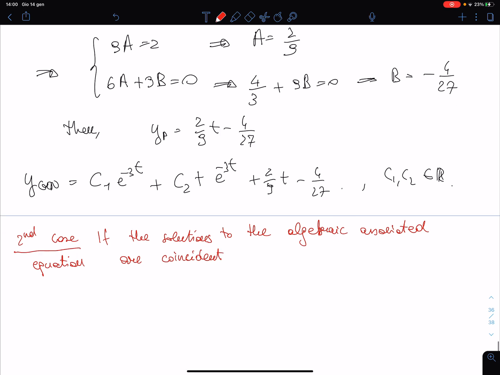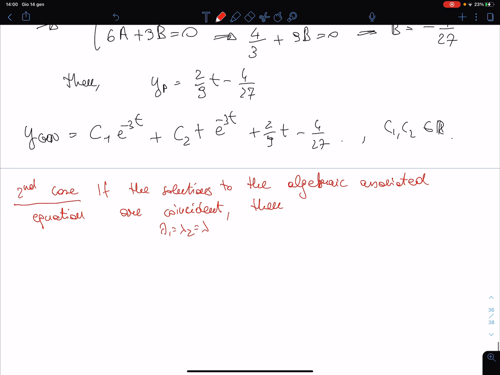Try to understand why. Then we have lambda1 = lambda2 = lambda. Then ygen of the homogeneous equation at t is c1 e to the lambda t plus c2 t e to the lambda t.